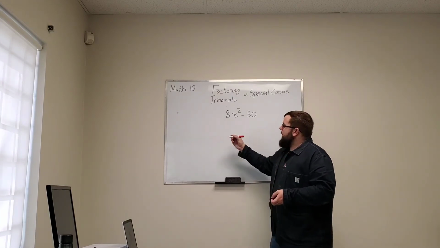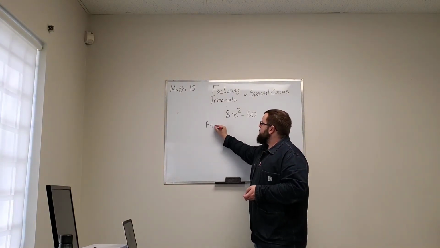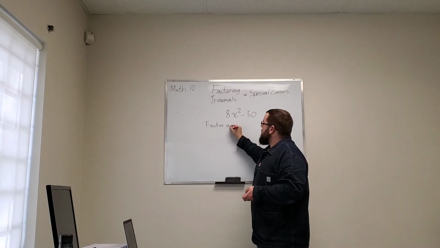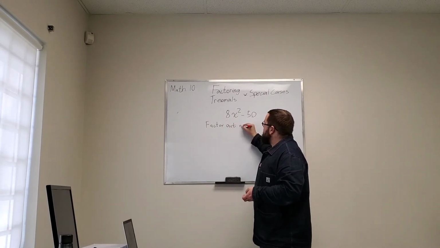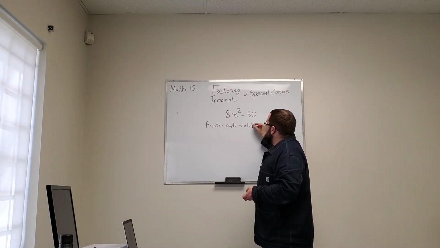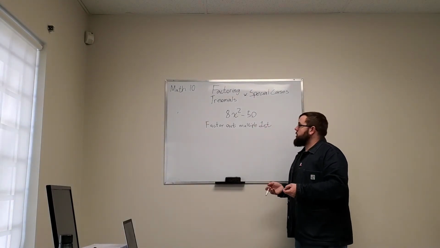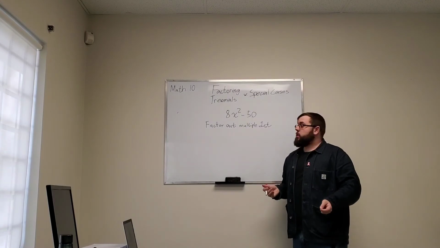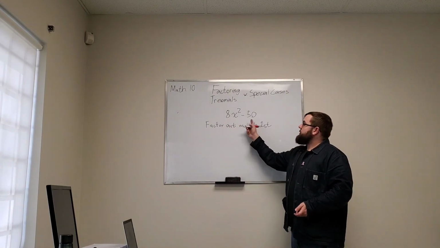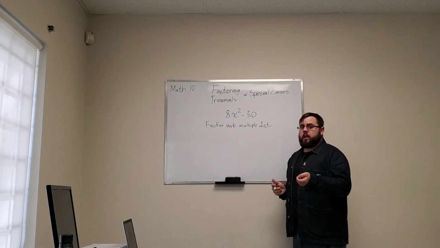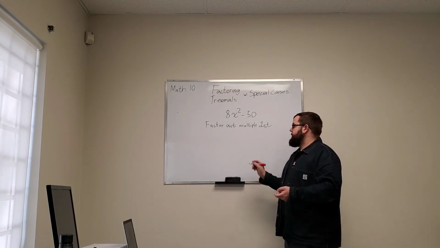So you may have to factor out a multiple first. So you may have to look at those two terms and say, okay, well, what can I pull out? And we see here we have an 8 and we have 50. So what is the greatest common factor of 8 and 50?